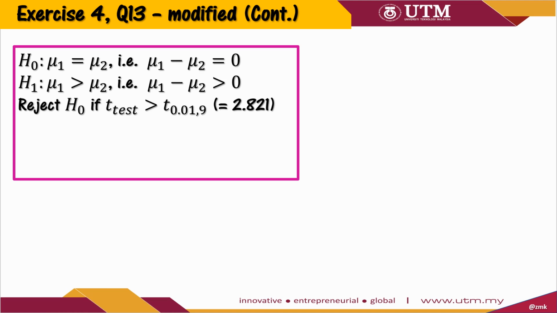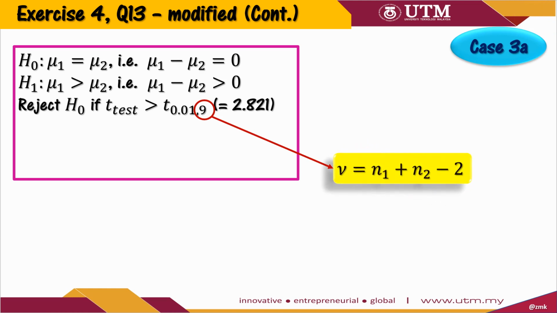How do we know that the degrees of freedom nu associated with the critical value is 9? The answer is simply because we have case 3a, where nu is defined as n1 plus n2 minus 2, that is 6 plus 5 minus 2, so we have nu equal to 9.